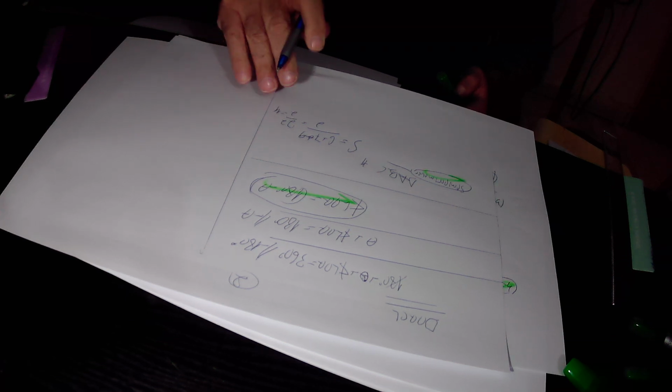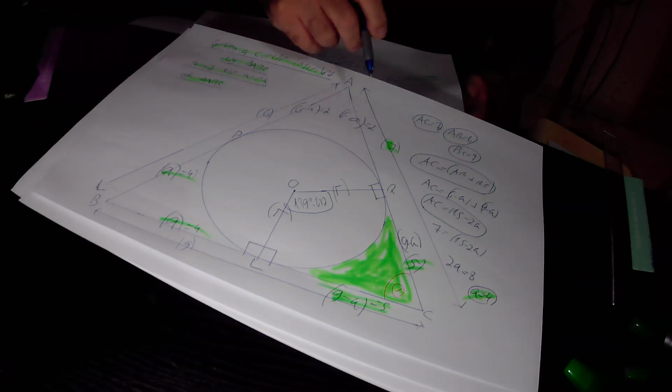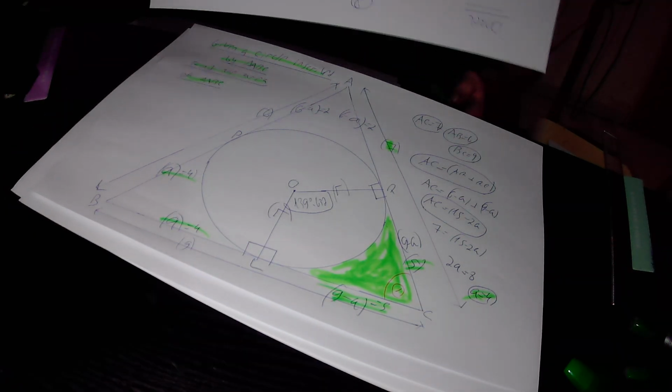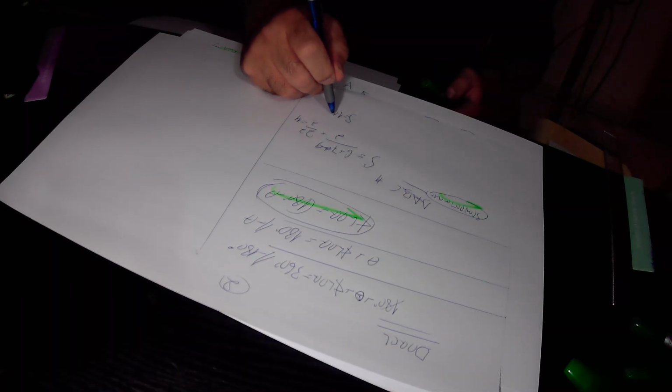So the semi-perimeter of this triangle ABC equals 11 units in length. The semi-perimeter S equals 11 units.